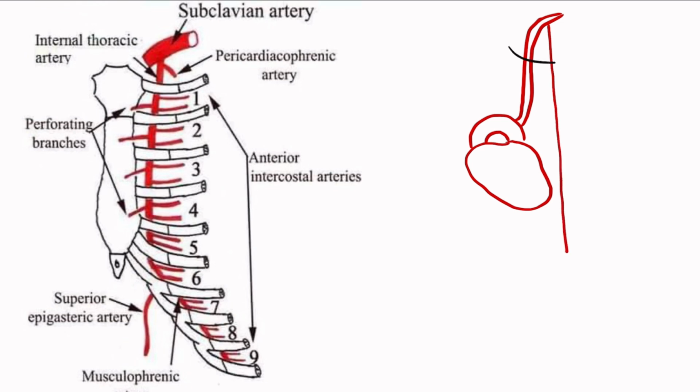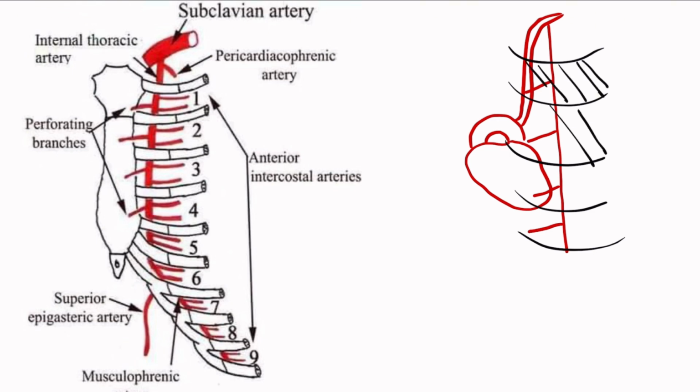Which is present within the thorax. The internal thoracic artery gives rise to branches that penetrate through the space between the ribs, or the intercostal region. So these branches penetrate through the intercostal region, and these branches are called perforating branches.